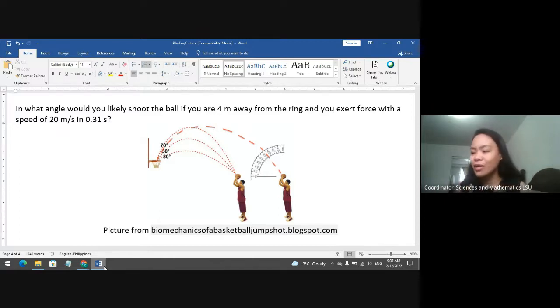So how are we going to solve that? Again, kindly take a photo or screenshot of the problem so that later when we solve it, you can glance at the problem.